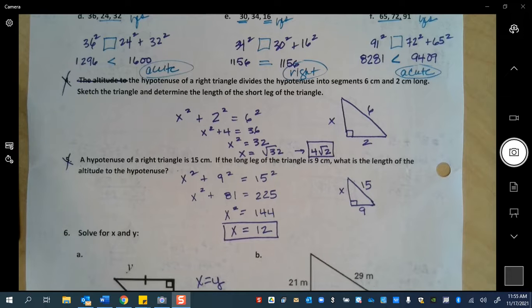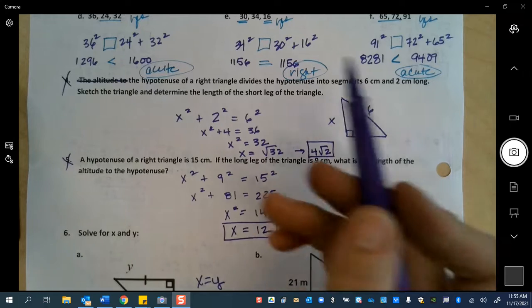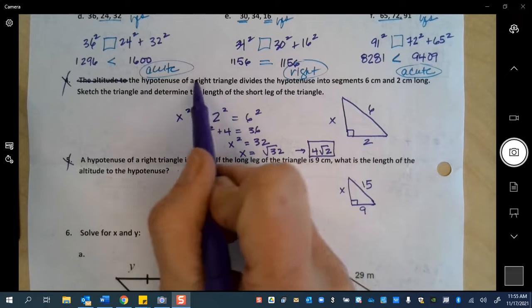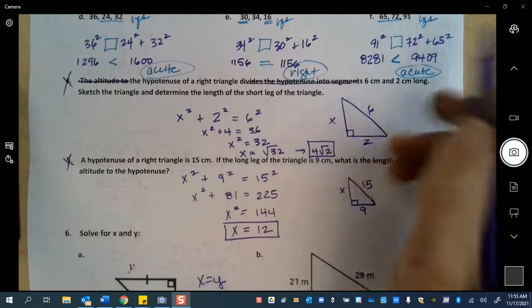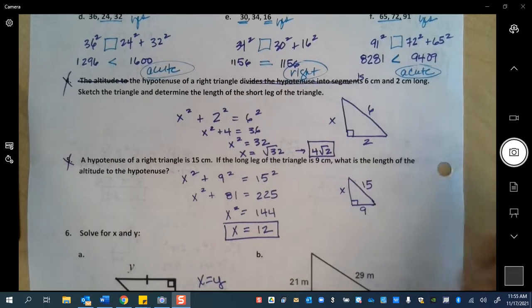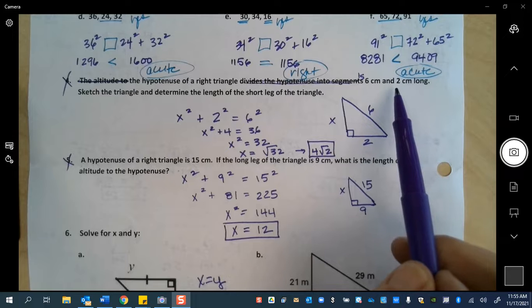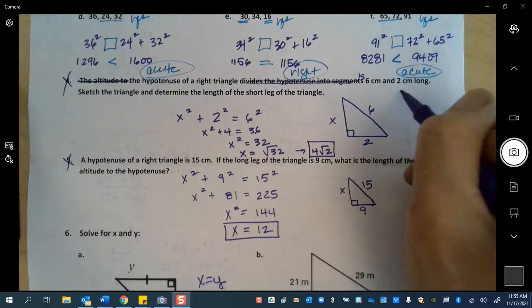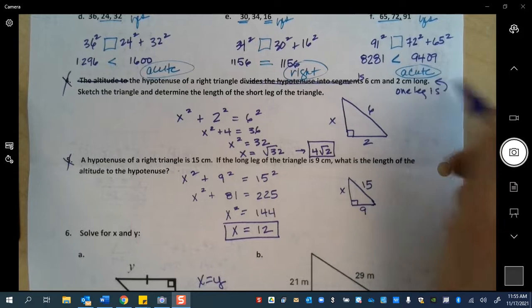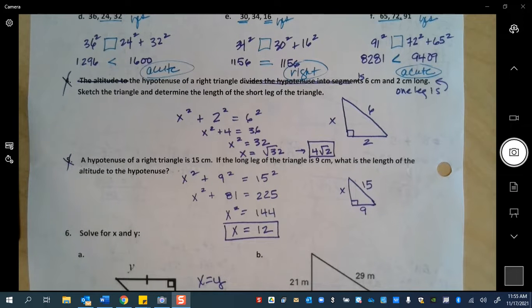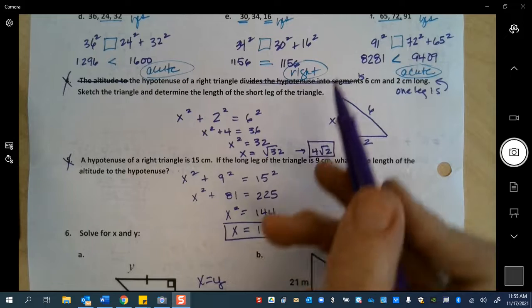Hypotenuse of a right triangle is 6 centimeters, and one leg is 2 centimeters. Sketch the triangle and determine the length of the other leg.